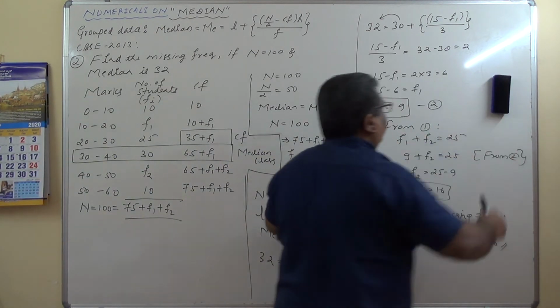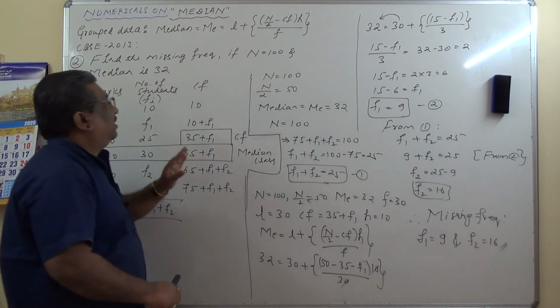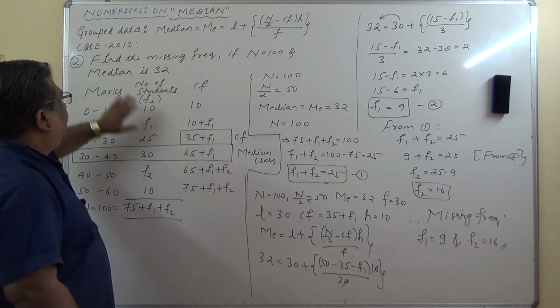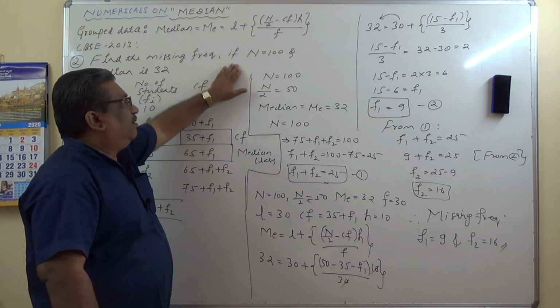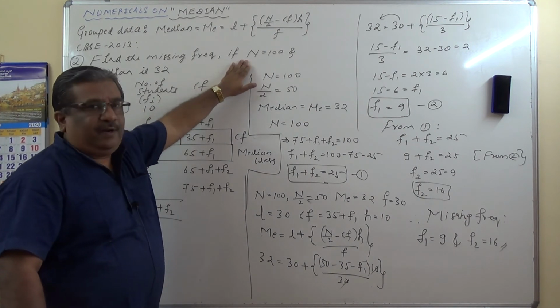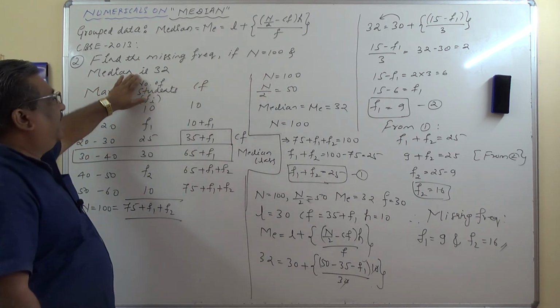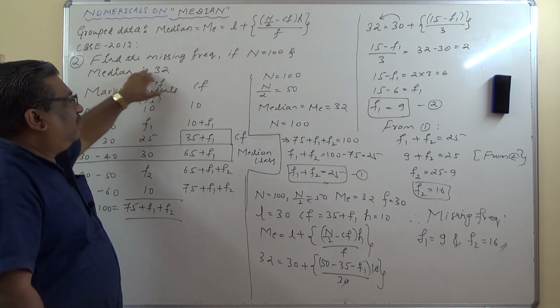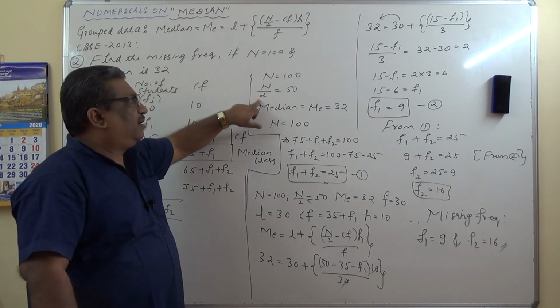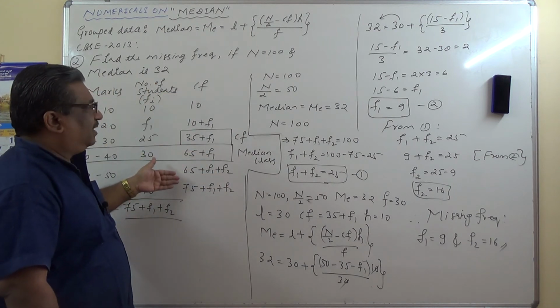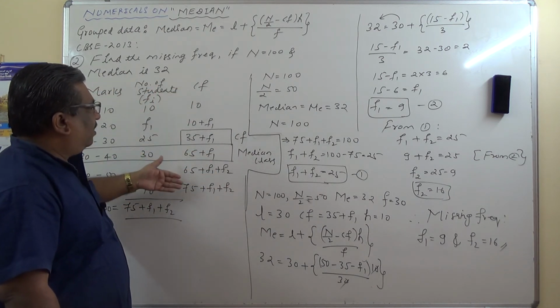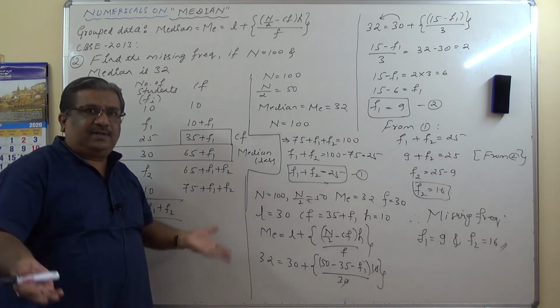Once again, finally I'll tell you the important information is in the question. A couple of important pieces of information will be given to you. N, that is the sigma Fi, will be given to you, and also the median will be given to you. Median, simply n by 2 here, which is 50, it is not possible to locate where it is 50 or just greater than 50 in the CF column, because F1 can take any values, isn't it?